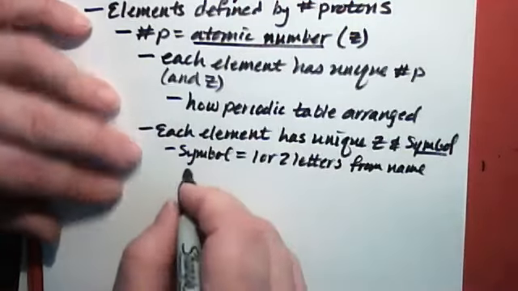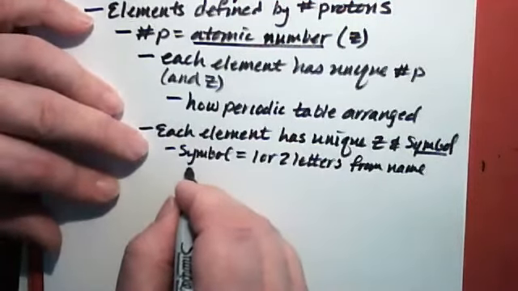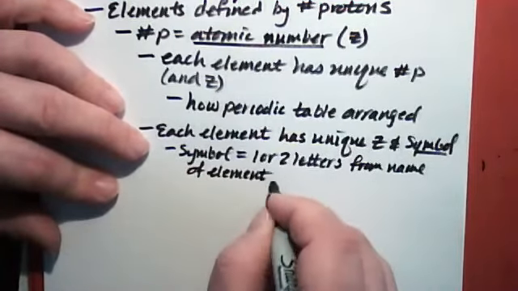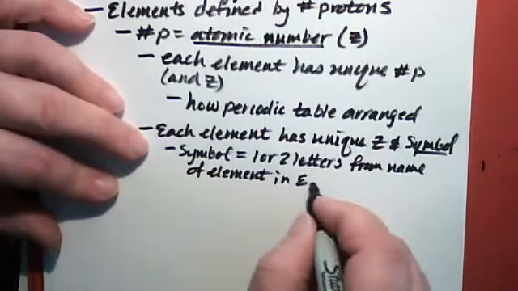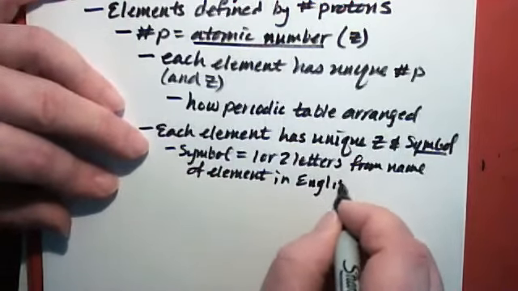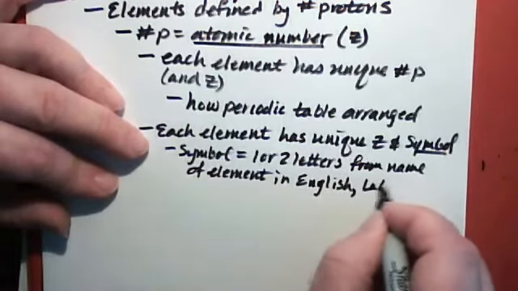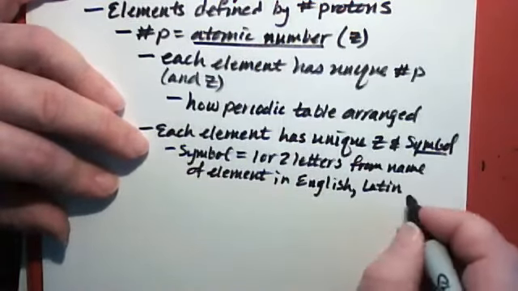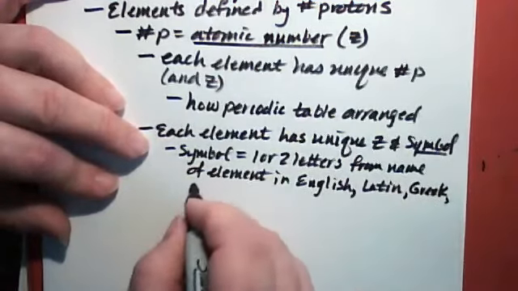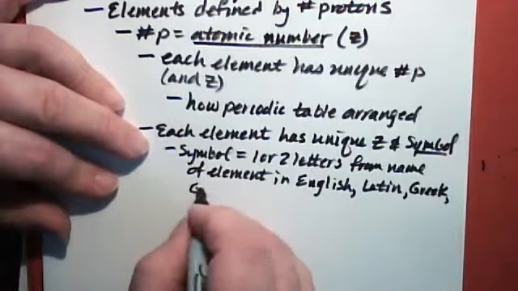And those 1 or 2 letters come from the name of the element. Most of the symbols are consistent with the name of the element in English. But there are quite a few that come from Latin, and a couple here and there from Greek or even German.